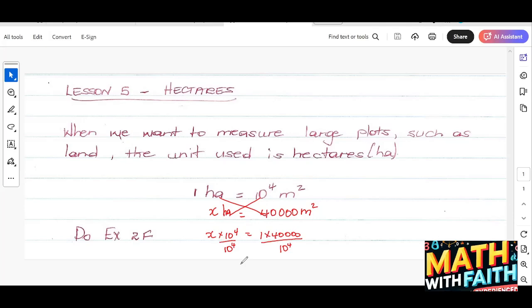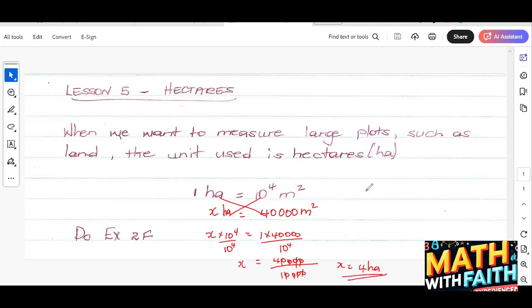So I'm getting X by itself. X by itself will be 1 by 40,000 divided by 10 to the 4. And we know that's 10 with 4 zeros. So that's 40,000 divided by 1 with 4 zeros. And these 4 zeros will cancel out each other. And we get X is equal to 4 hectares, right?